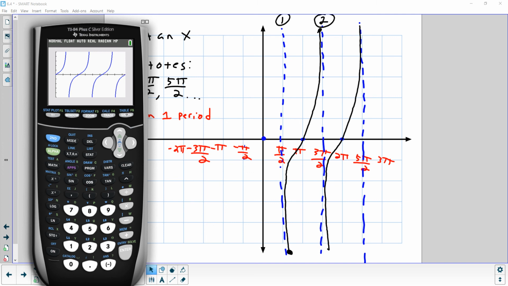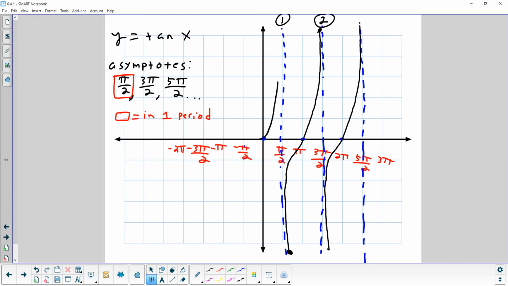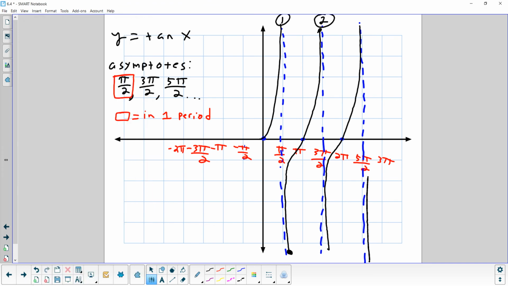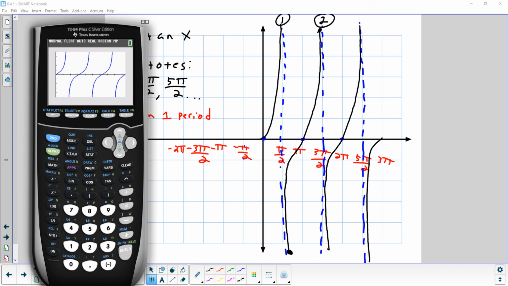There's a little bit more because you're seeing part of another cycle. There technically would be a part right there, which I didn't sketch, and then there'd be another part coming up right there, and I stopped it at 3 pi so you wouldn't see any more. That's what tangent looks like.